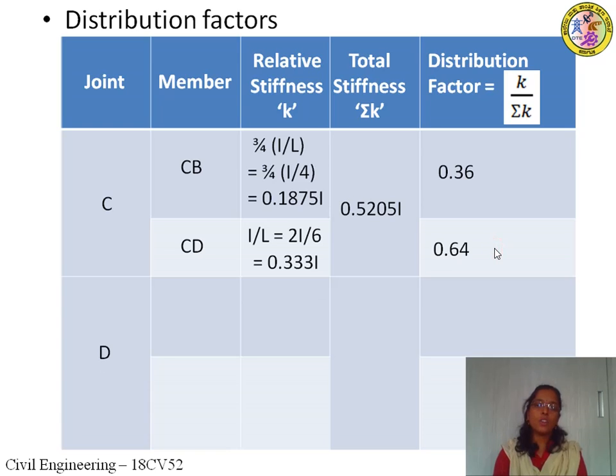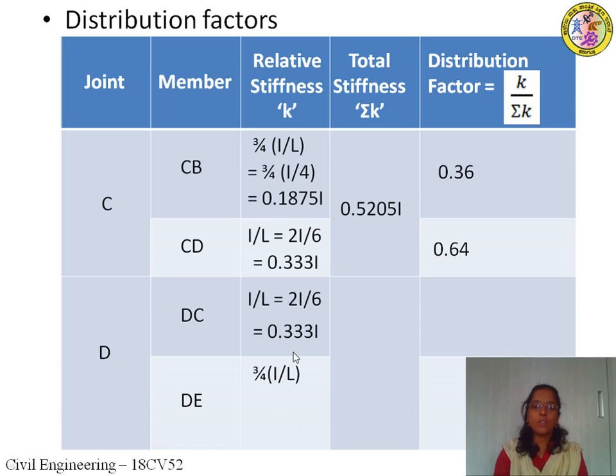Next, at joint D we have members DC and DE. First we will find the relative stiffness for member DC. It is equal to I by L, that is 2I by 6, so the relative stiffness for DC will be 0.333 I. Next, for the DE member, it is 3/4 of I by L because end E is a simple end.